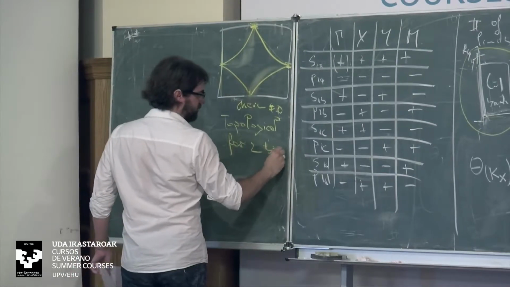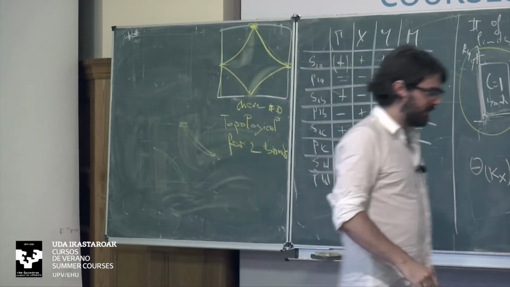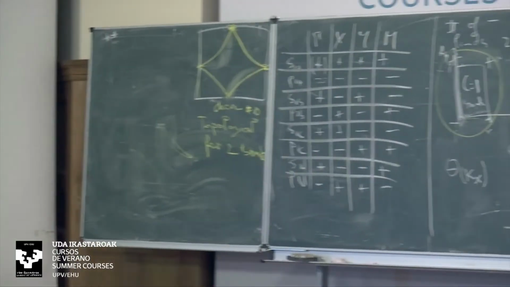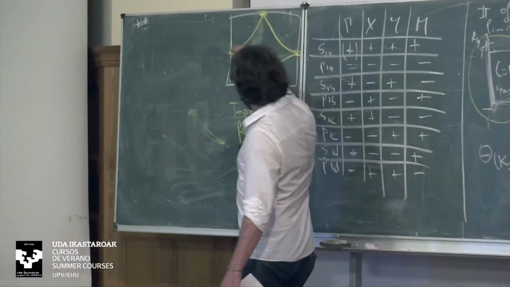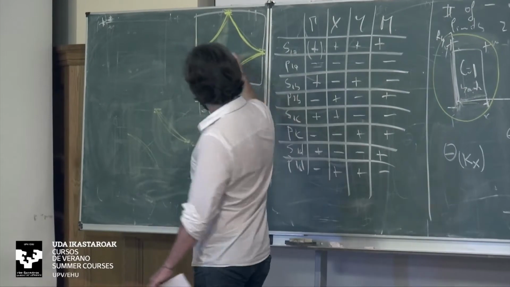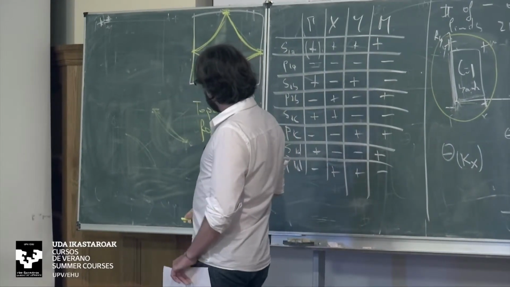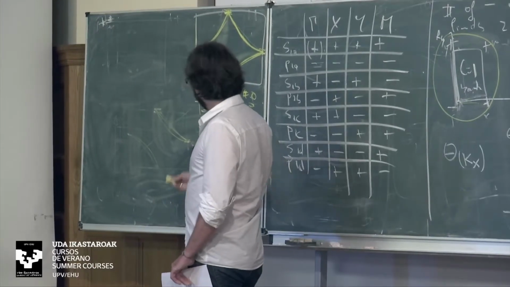For 2 bands. So this was in an older paper with Taylor and Emil Prodan, this observation that the inversion eigenvalues basically give you everything about these bands. Okay? So this is topological for 2 bands.